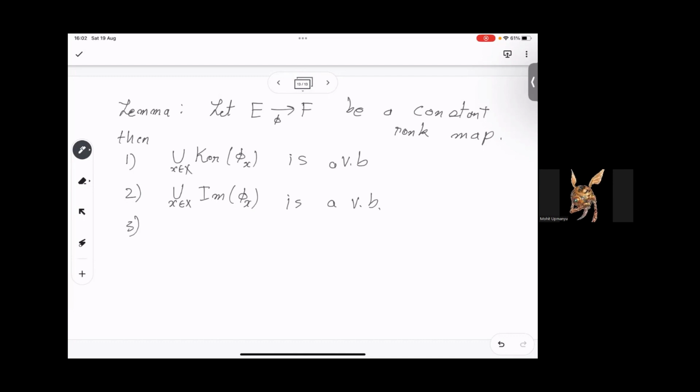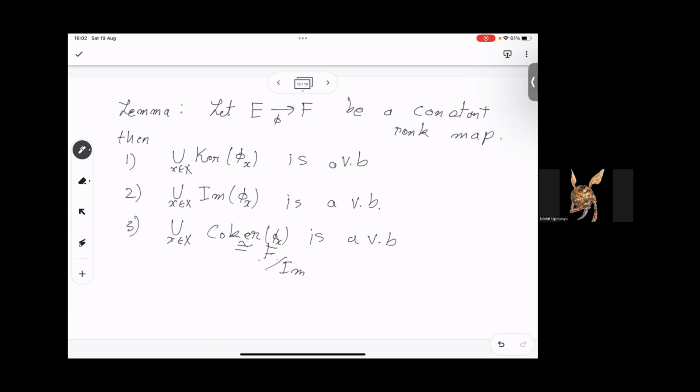Number three, the co-kernel is a vector bundle. So let's just say that this co-kernel is in fact equal to F mod image, F modulo the image.